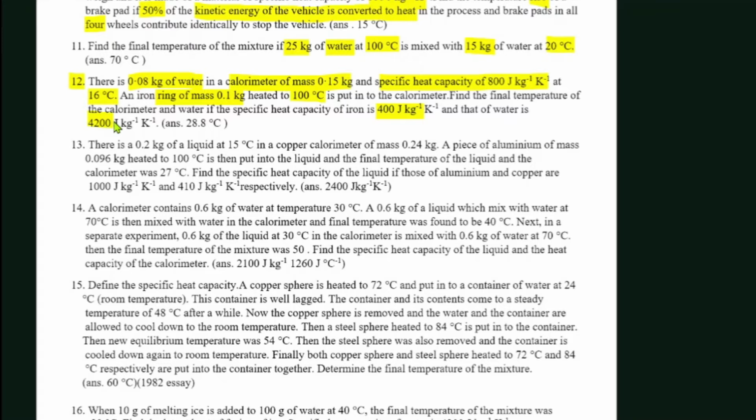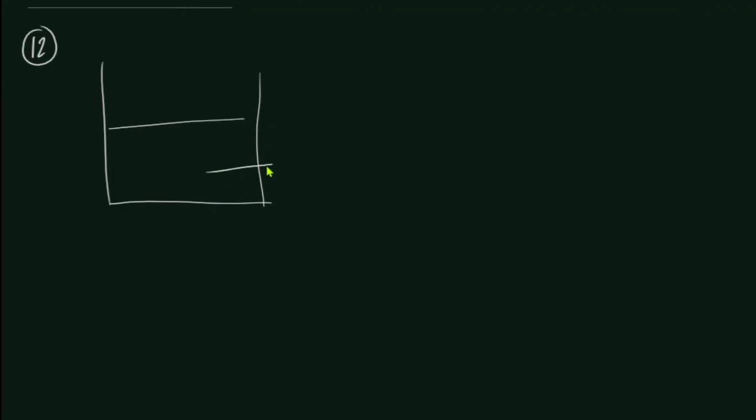So initially, let us draw a figure for this, for the 12th question. In the 12th one, we see there's water, 0.08 kilograms. And then the calorimeter is of mass 0.15 kilograms.